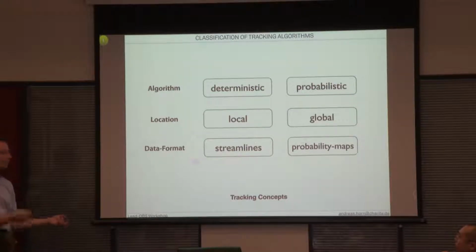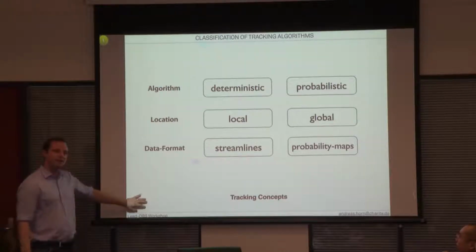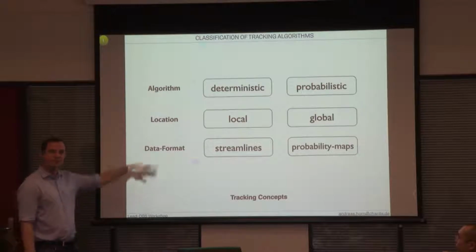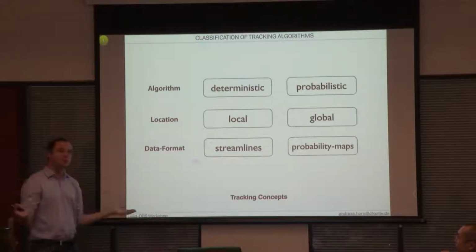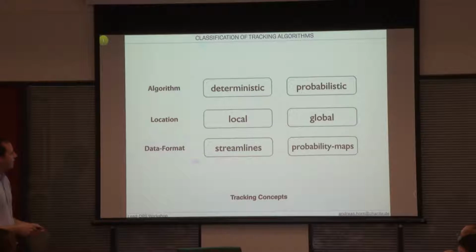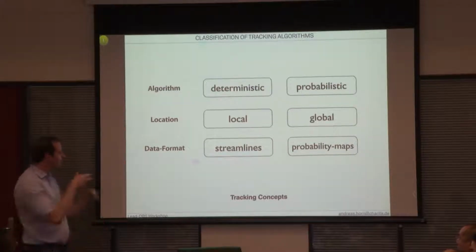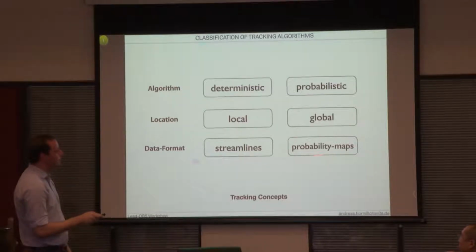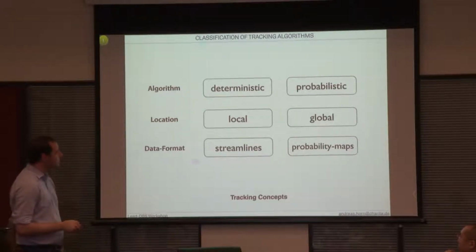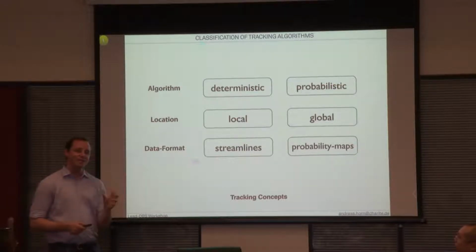So they don't start, as we've just done, in some corner, but they start everywhere at once. And then you could also think about whether the data is stored as streamlines, as we've just seen. We could record these streamlines and write down lists of coordinates of the streamlines, or rather maybe these probability maps. But even much more important is really how do you model each voxel?